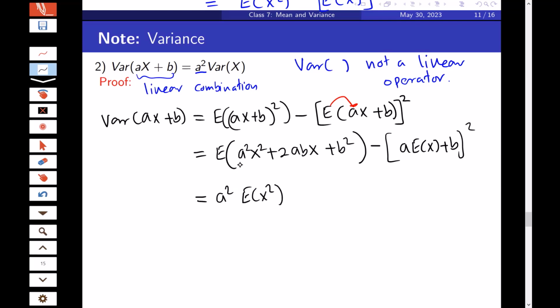So this is a squared E of x squared, plus 2ab, all are constant except this x term, plus expectation of b squared is just b squared, minus (a E of x plus b) squared.